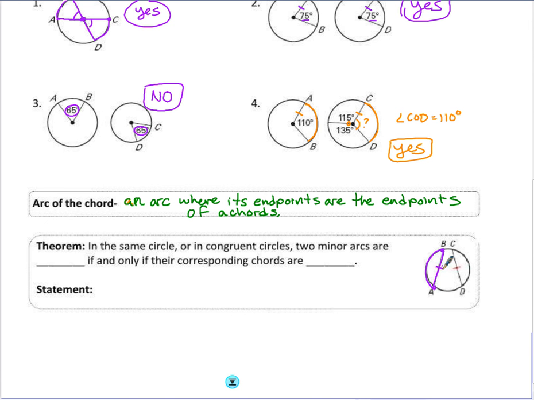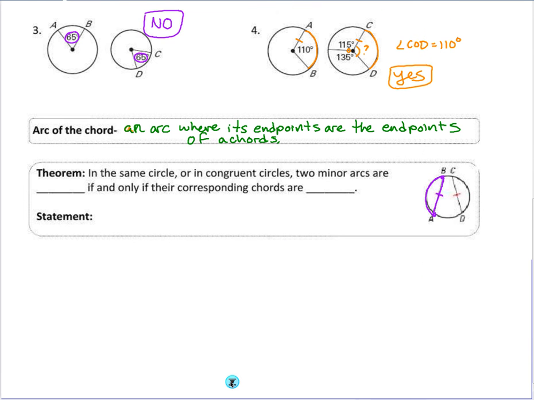The first theorem is that on the same circle, meaning congruent circles, two minor arcs, like AB and CD, are congruent if and only if their corresponding chords, the endpoints of their arcs make chords, are congruent.